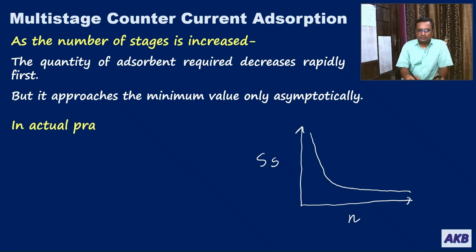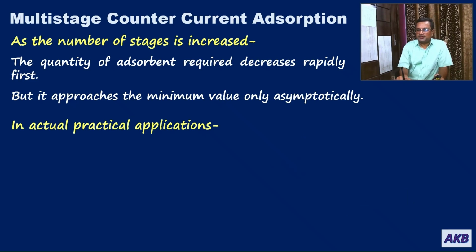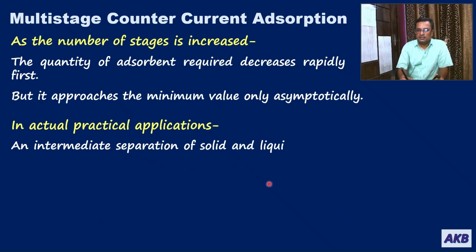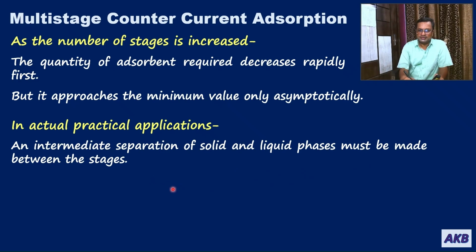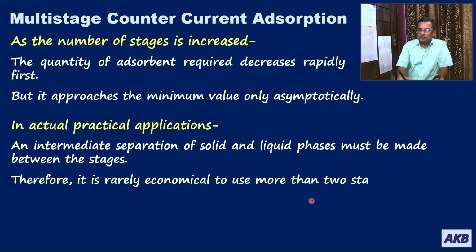So in actual practical applications, what is done? We need to separate the two phases. An intermediate separation of solid and liquid phases must be made between the two stages, and that involves cost. If you increase the number of stages, the cost of separation is going to increase. Therefore, it is rarely economical to use more than 2 stages in the cascade. Same was the case with cross-current operation.